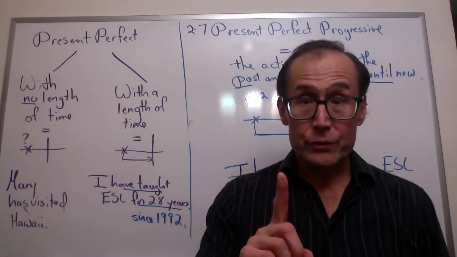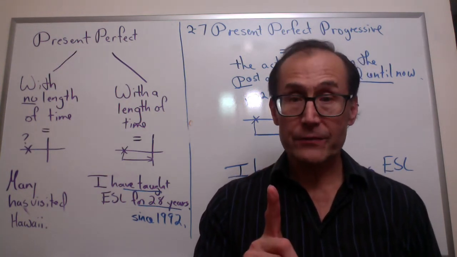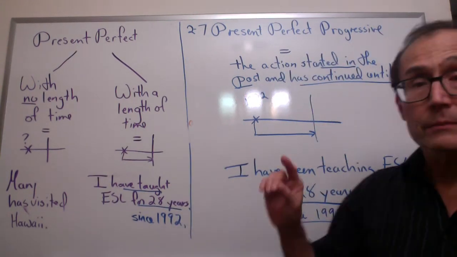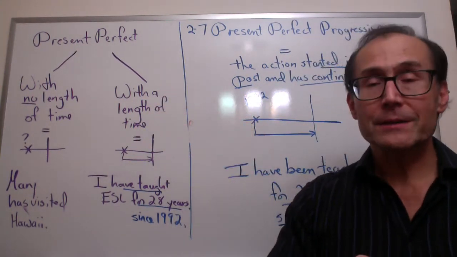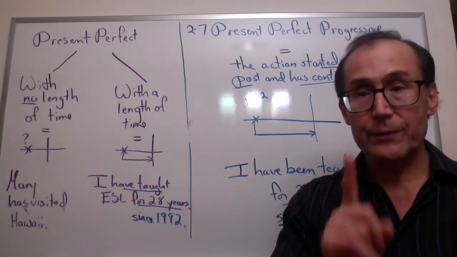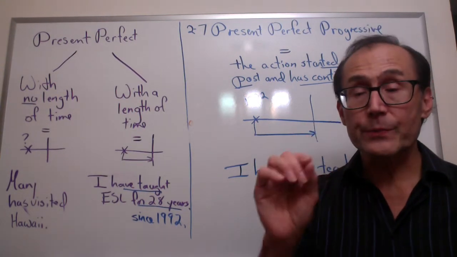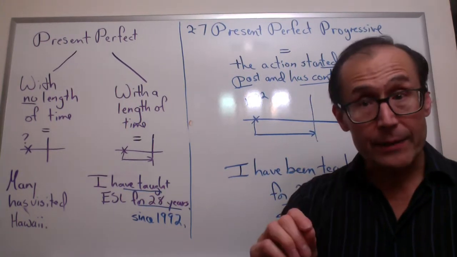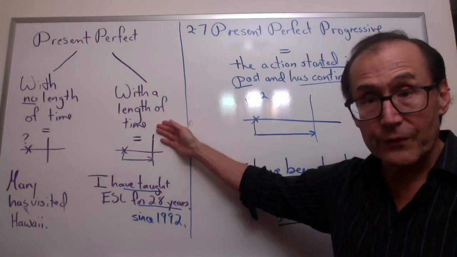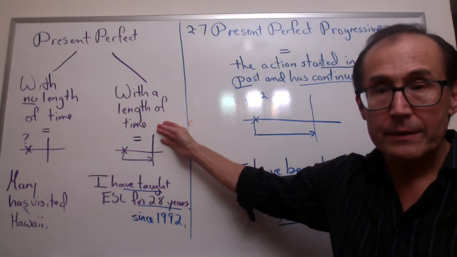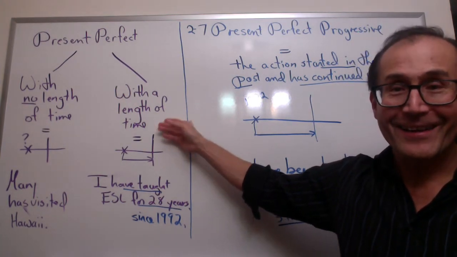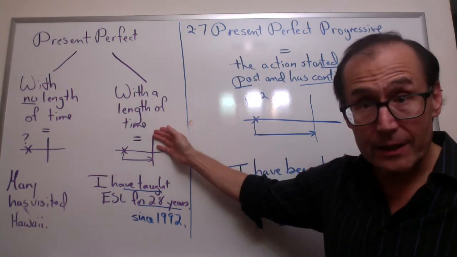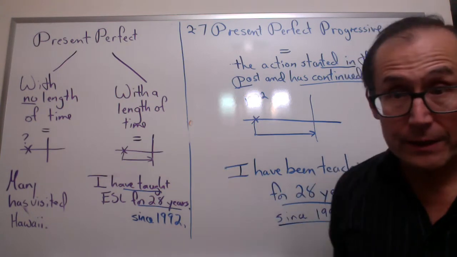When I use present perfect progressive, it means exactly the same thing as present perfect with a length of time. That's important, so let me say it again. When I use present perfect progressive, it means the same thing as present perfect with a length of time.